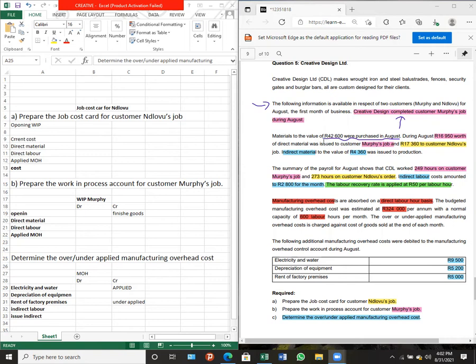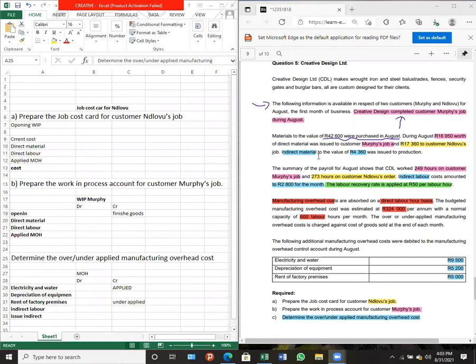Materials to the value of 42,600 were purchased in August. During August, 16,950 worth of direct material was issued to Murphy's job, and 17,360 to Ndlovu.